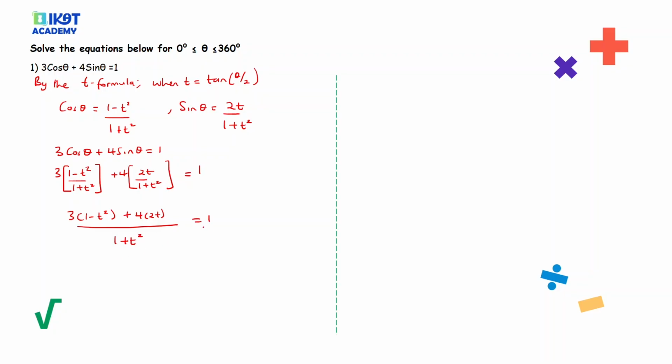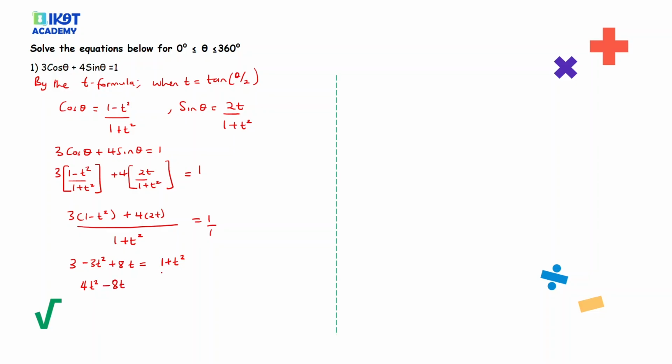Then we cross multiply, so this would be 3. I'm now opening this bracket: 3 minus 3t squared plus 8t is equal to 1 plus t squared. I take these terms this side, so what do I have? I have 4t squared minus 8t.